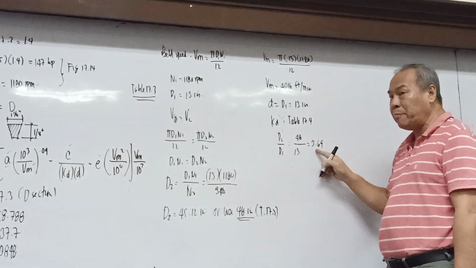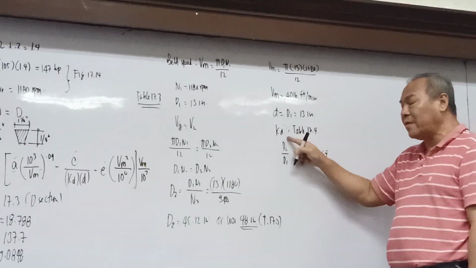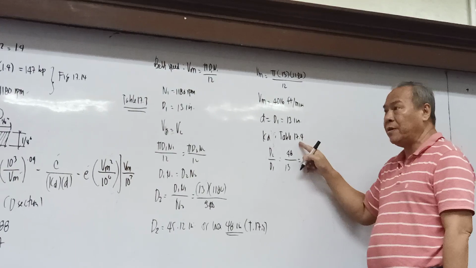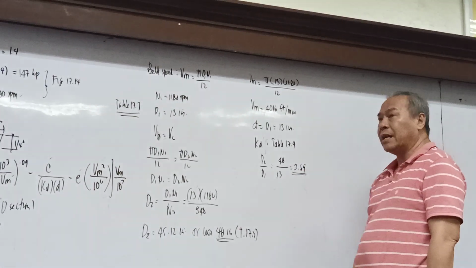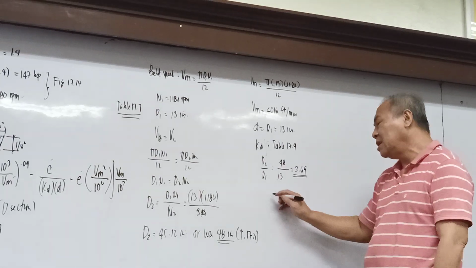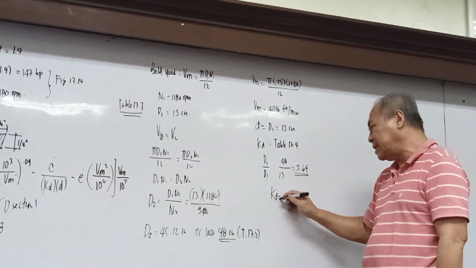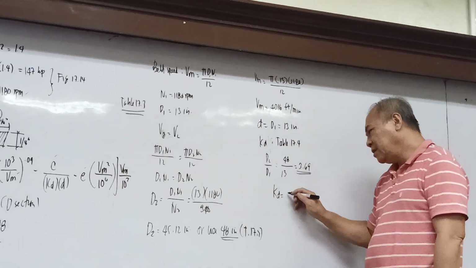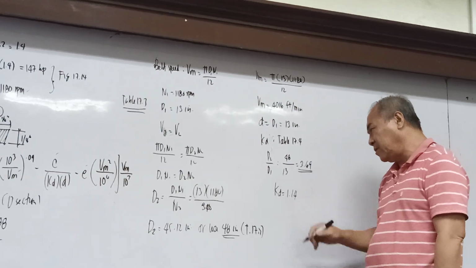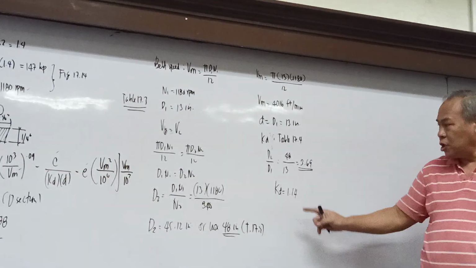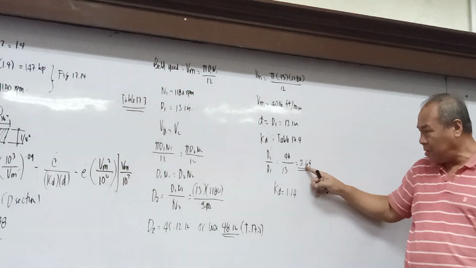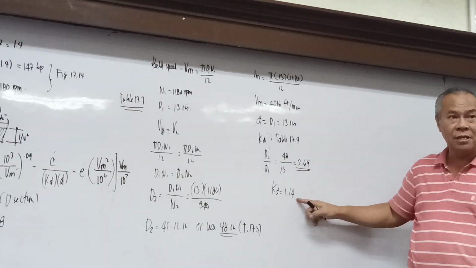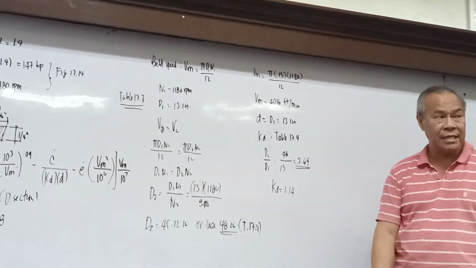This is simply your basis for determining the value of KD on table 17.4. Going to that table, you'll get the value for KD, 1.14. Huwag gagamitin yung ratio para doon. Punta ka sa table, itong gamitin mong basis, malalaman mo yung corresponding value ng KD natin.